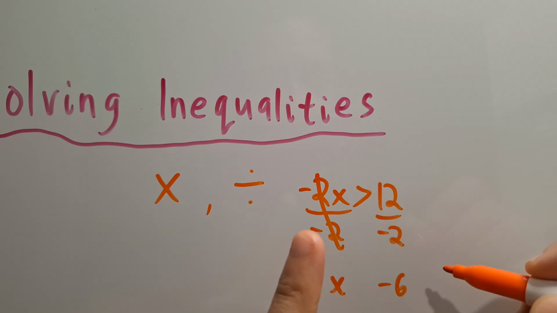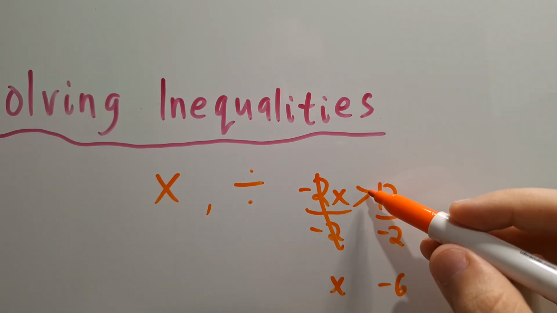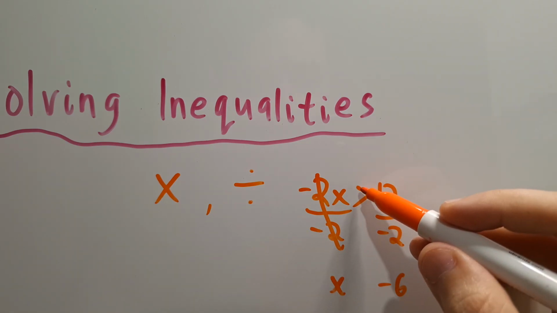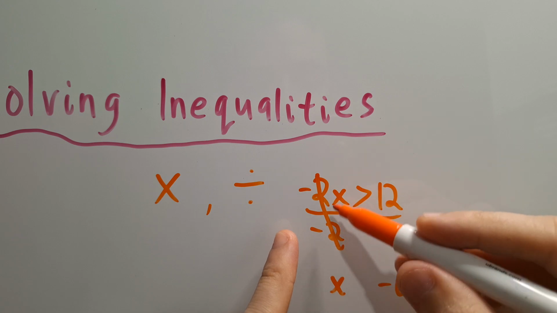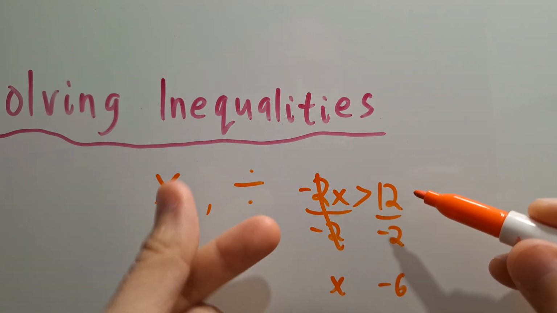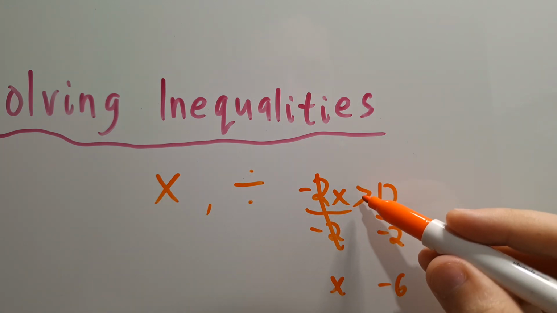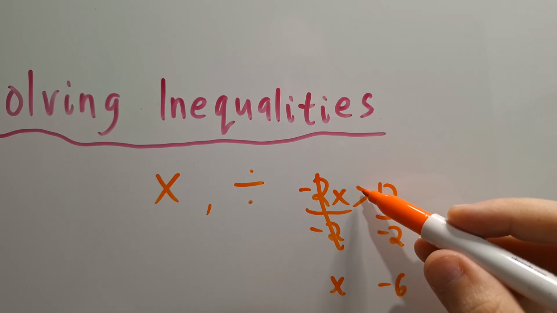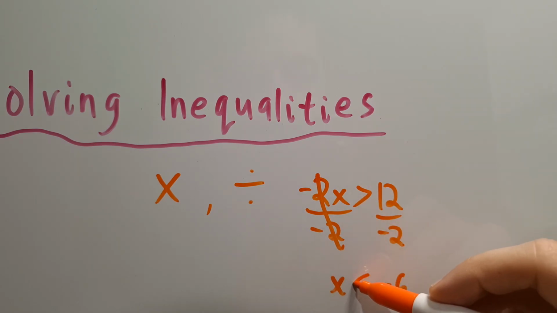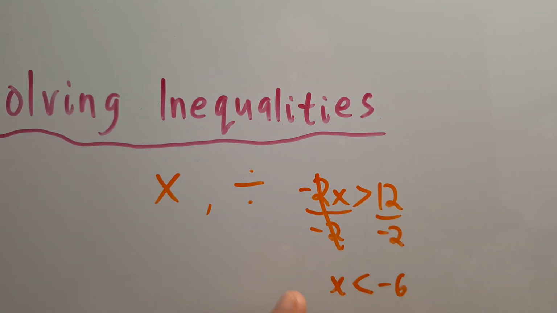But here's what happens that's different. This inequality started as greater than. Because we divided by a negative, we're now going to switch the direction of the inequality symbol. So it's no longer greater than, it's now less than.